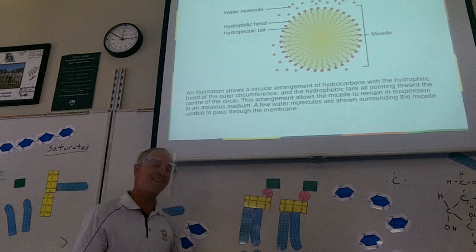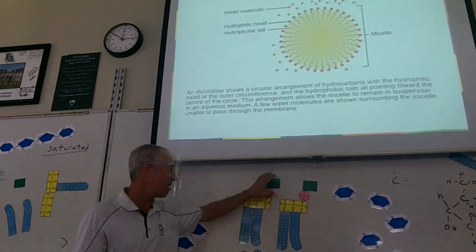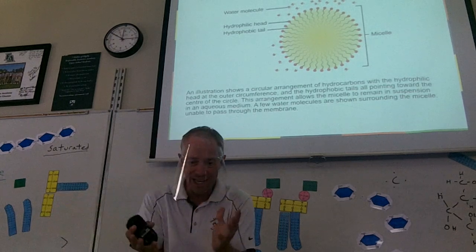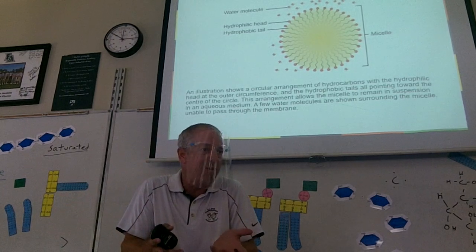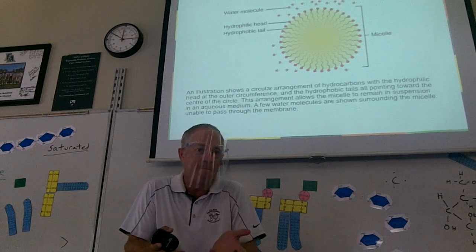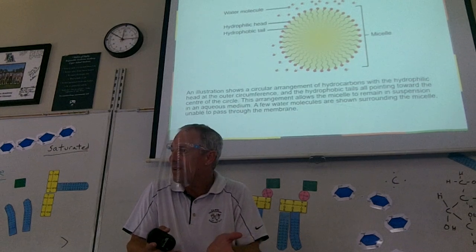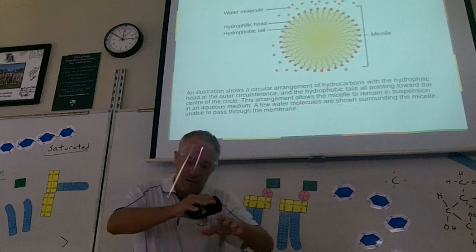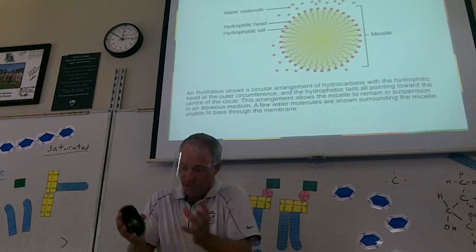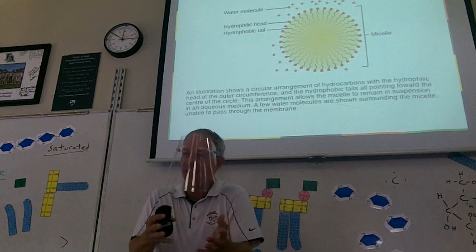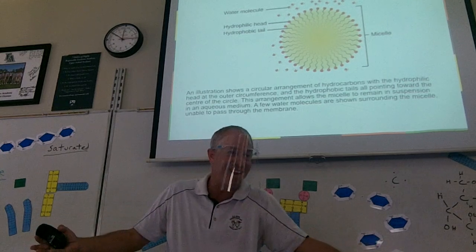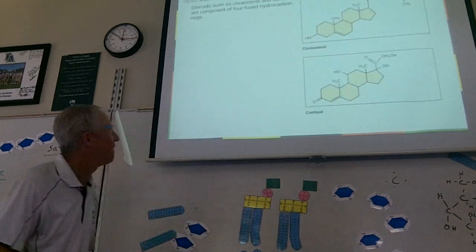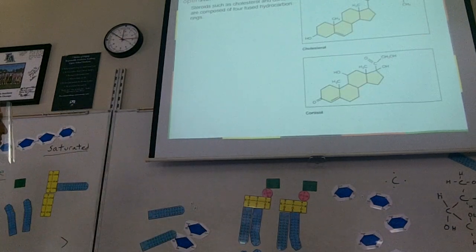These aren't even alive, and they'll do that because of the charges and the hydrophobic and hydrophilic nature. So organization in nature can happen even for non-living things. And so we think that that's how cells formed. A bunch of fats in the water formed circles and eventually bubbles with stuff inside of it, and then eventually you get a cell. That's what we think happened.